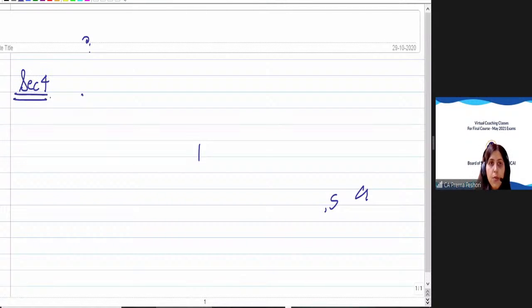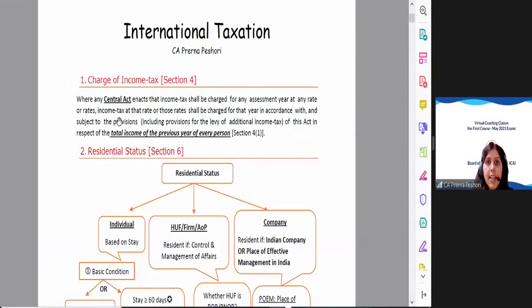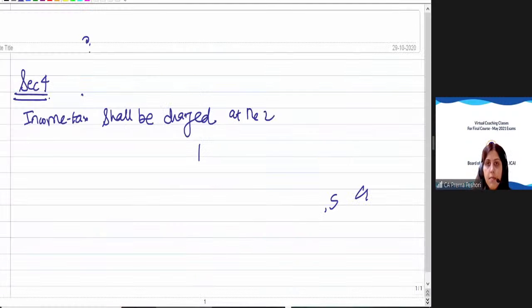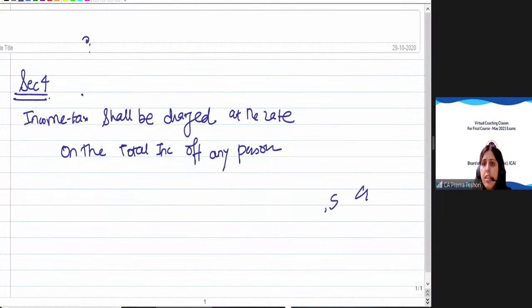So what section 4 says is income tax shall be charged at any rate on the total income of the previous year of any or every person.